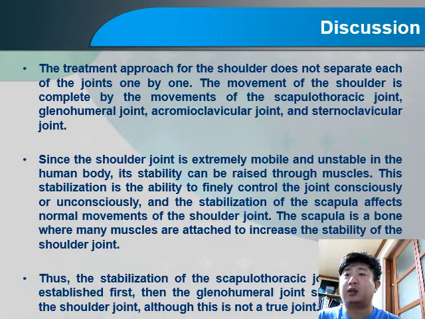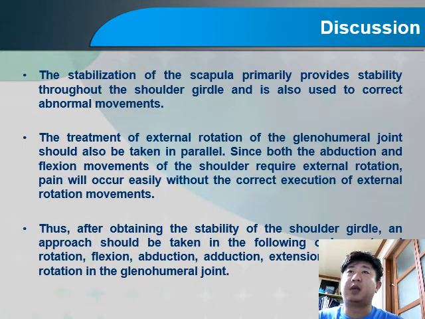Then, the glenohumeral joint should be stabilized, although this is not a shoulder joint. The stabilization of the scapula primarily provides stability throughout the shoulder girdle and is also used to correct abnormal movement. The treatment of external rotation of the glenohumeral joint should also be taken in parallel, since both the abduction and the flexion movement of the shoulder require external rotation.